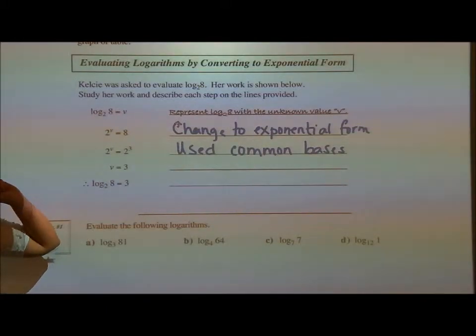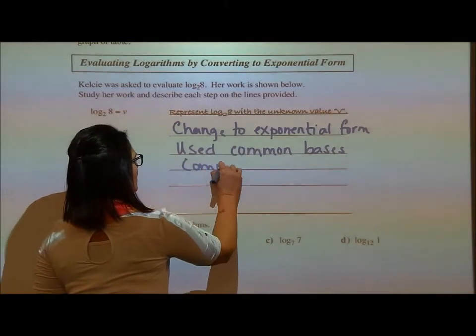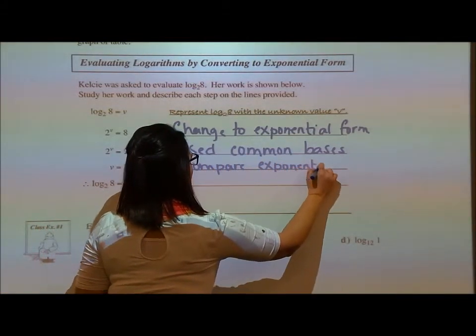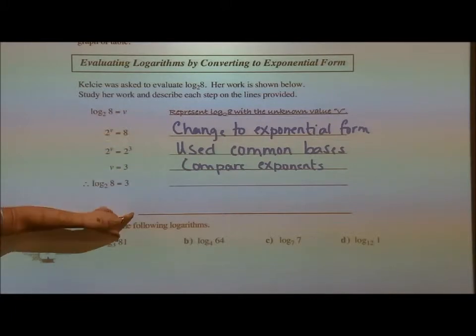It's common base, so the exponents will be the same. So I compare the exponents. And then the 3 dots, have you been introduced to what the 3 dots mean? Therefore, log base 2 of 8 is equal to 3. So if I go back from the top step, all Kelsey's done is replace v with 3.